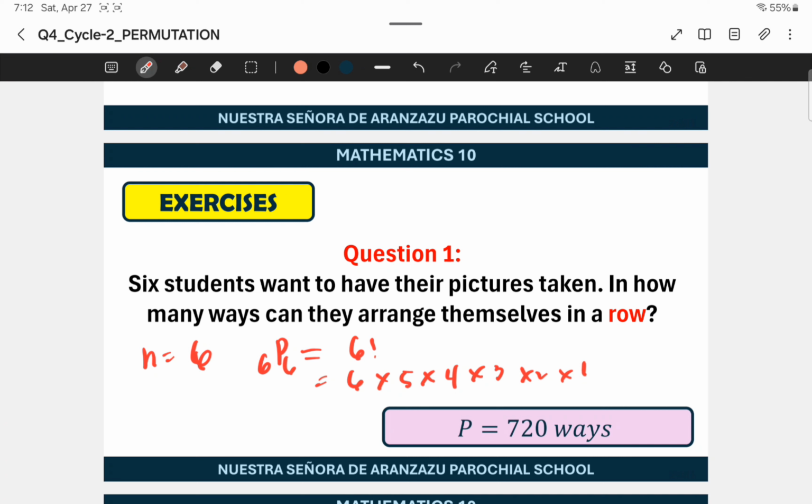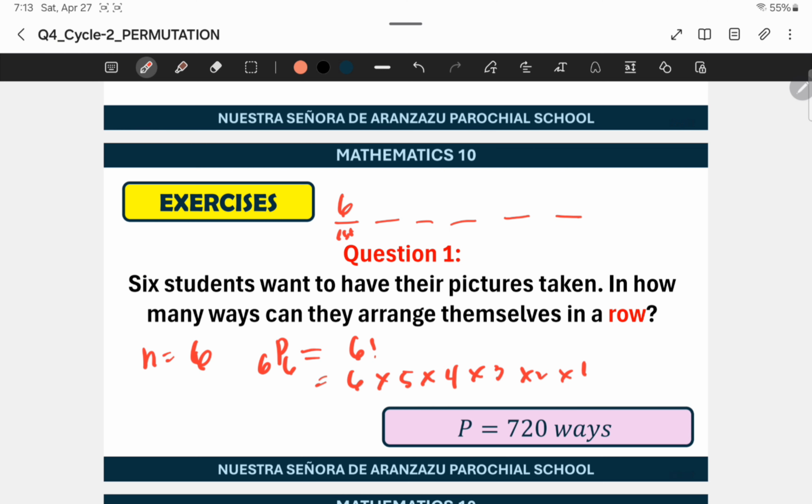So, para ma-illustrate nyo, kunwari meron kayong 6 na students and you have to arrange them in a row. So 1, 2, 3, 4, 5, 6. So 'di ba 6 yung involved niya sa arrangement? So sa first line, ilan ba yung ini-involve niyo sa arrangement? So yung 6 na students.